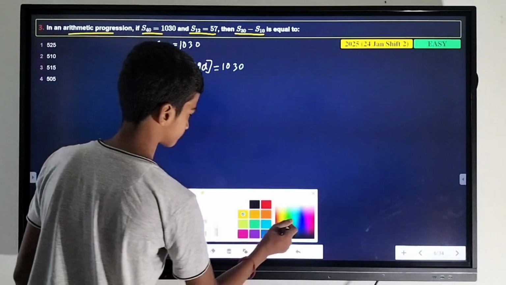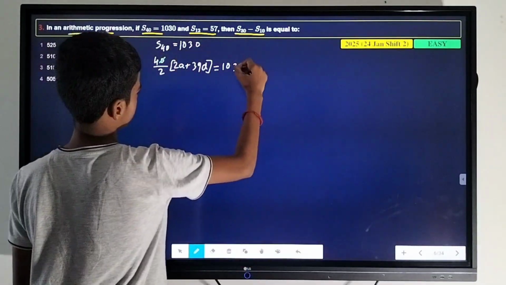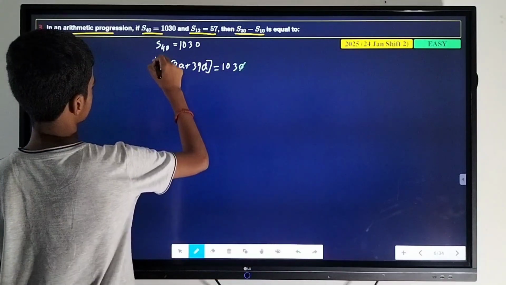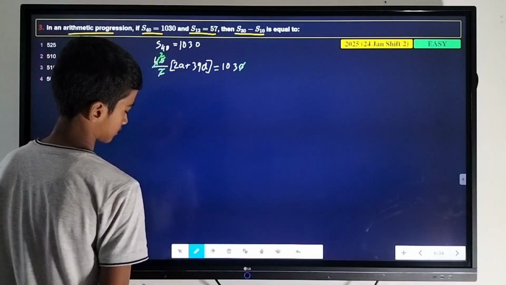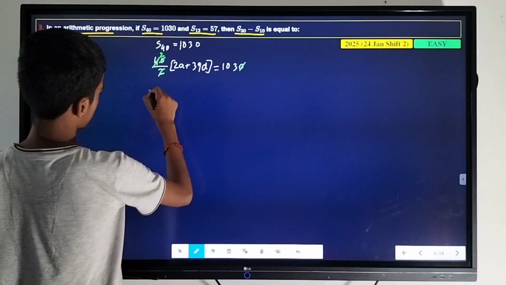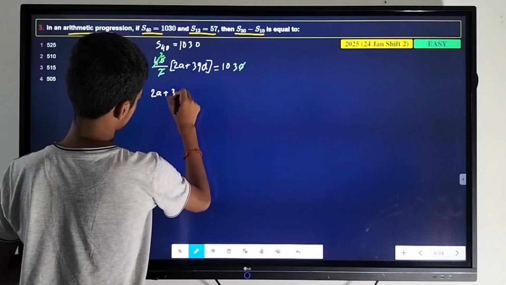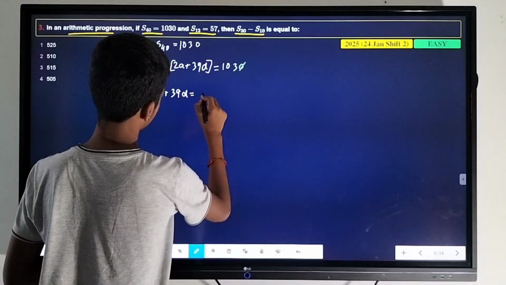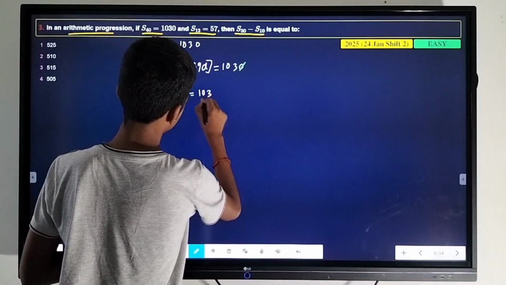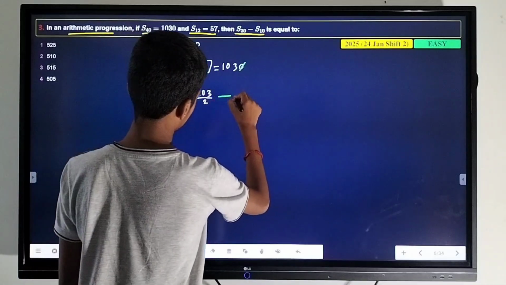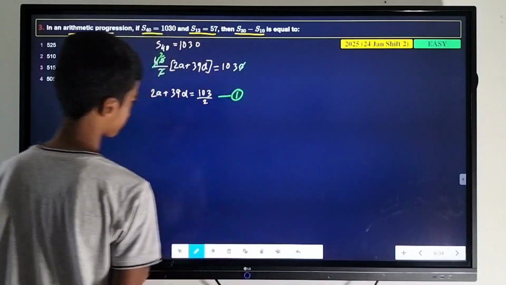Here 0 will get cancelled out, 2 will cancel 4 2 times. So our 2a plus 39d is equal to 103 by 2. And let's say this is our equation number 1.